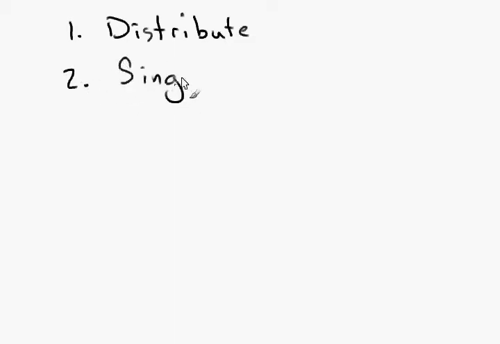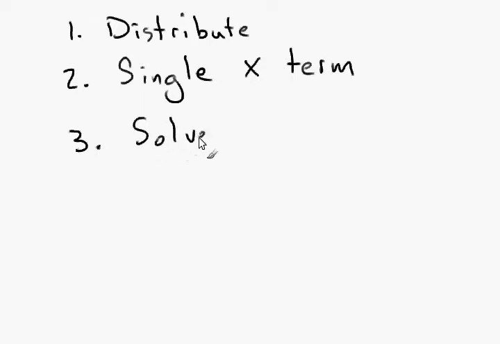So when we have these non-standard problems, our first step is to distribute. Then we get to a single term with x in it. And finally, we solve with inverse reverse.